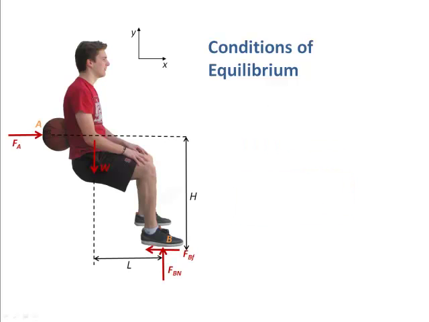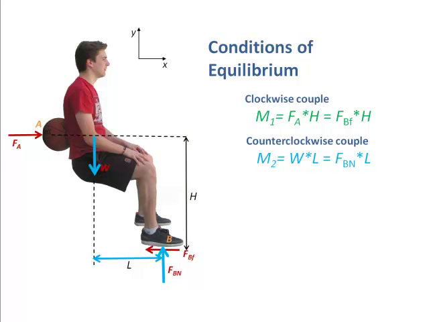The system has two couples acting on it. The first is a couple created by the two horizontal forces separated by distance h. This couple causes a clockwise moment. The second couple, shown here in blue, is created by the two vertical forces separated by the distance L. This causes a counterclockwise moment.